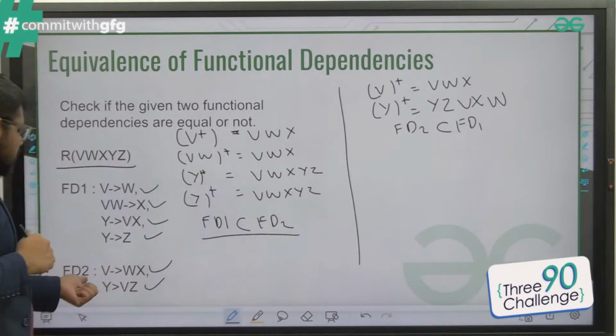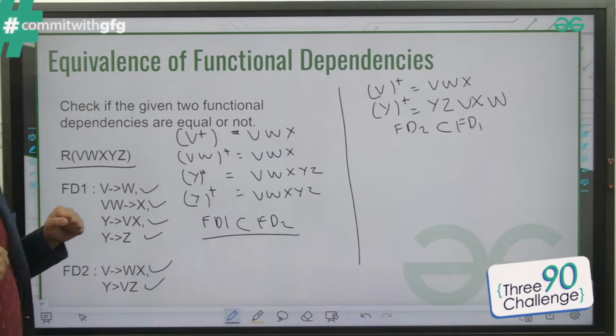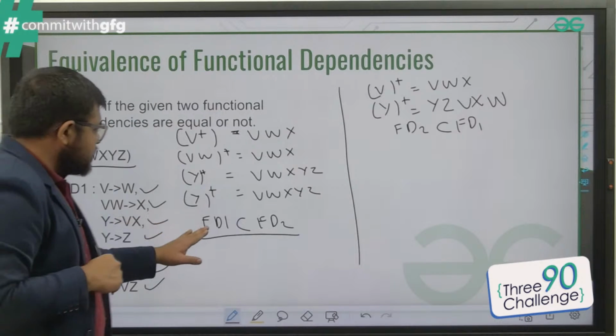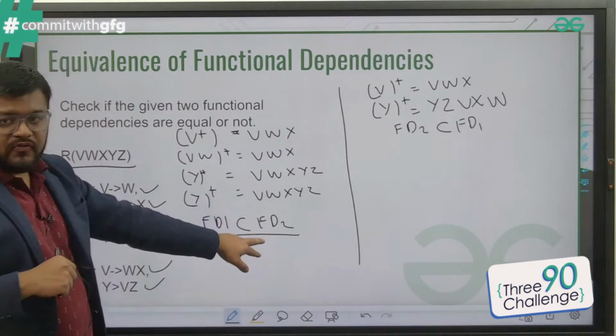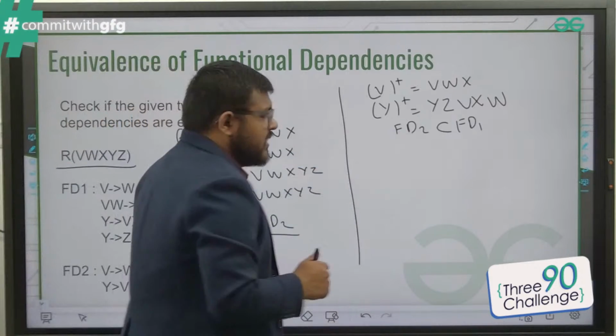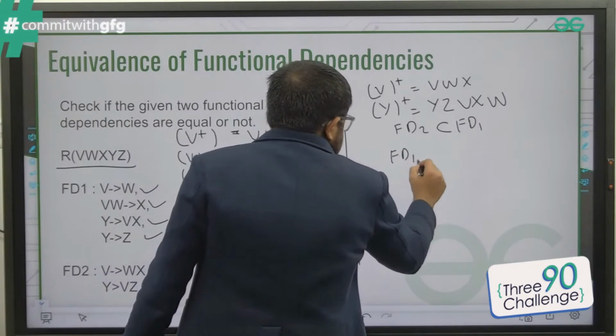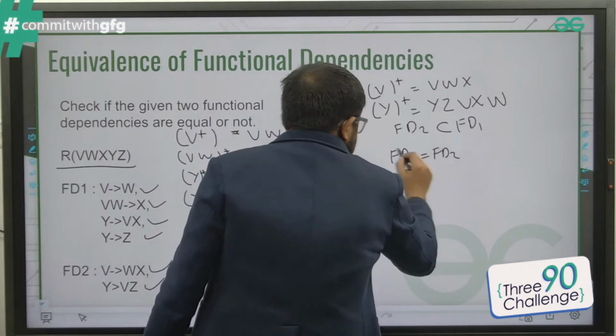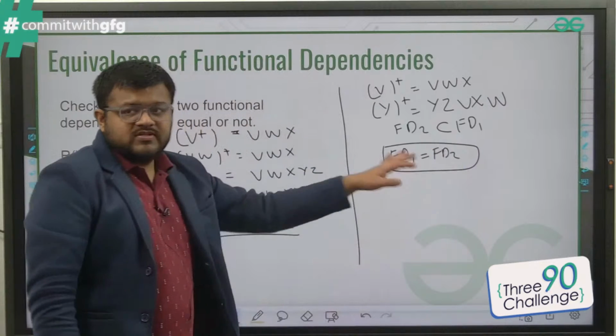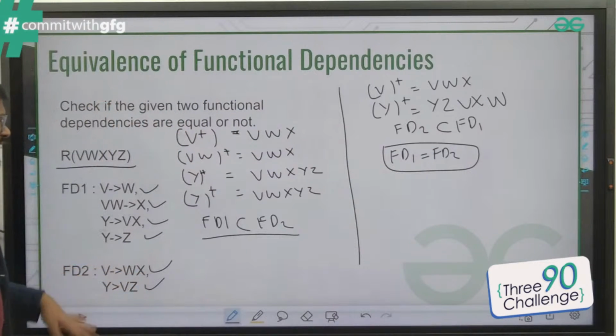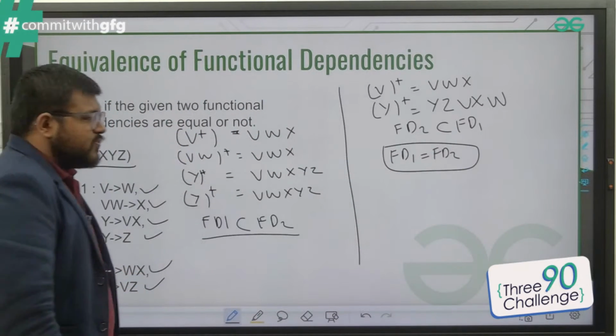Now if functional dependency set 1 is a subset of set 2 and set 2 is a subset of set 1, then can I say functional dependency set 1 equals functional dependency set 2? Okay, so this is for this set. What can the different possibilities be?